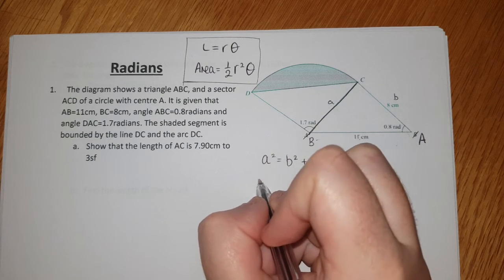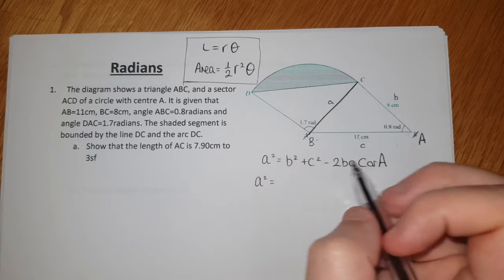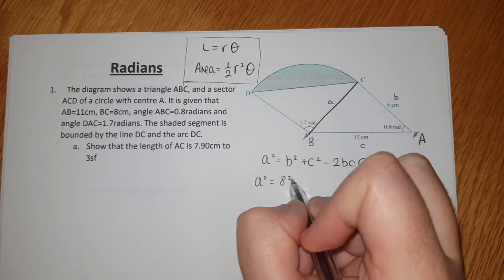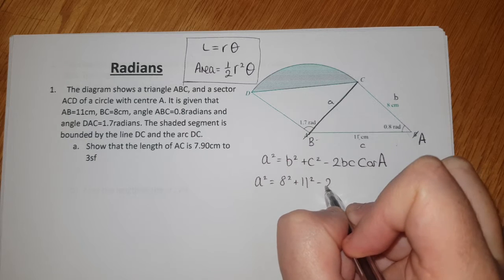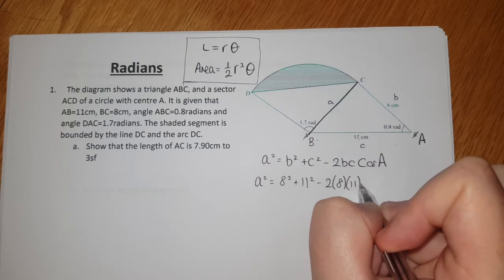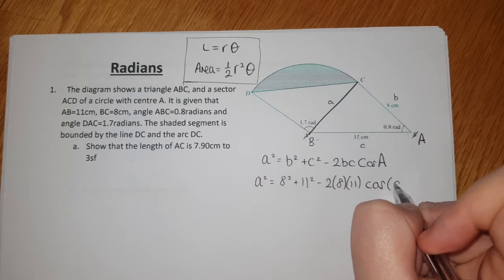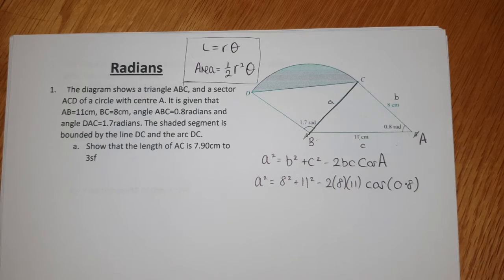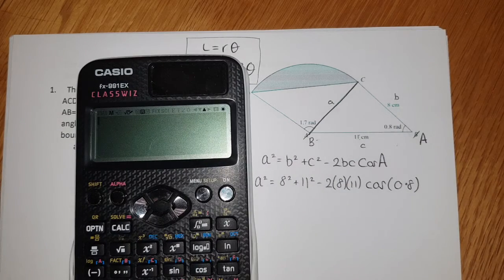So we get the side we're looking for is equal to 8 squared add 11 squared minus 2 lots of 8 lots of 11 cos 0.8. And again, just make sure that you are in radians. So we get 8 squared, 11 squared, 2 lots of 8 lots of 11, and then cos of 0.8.